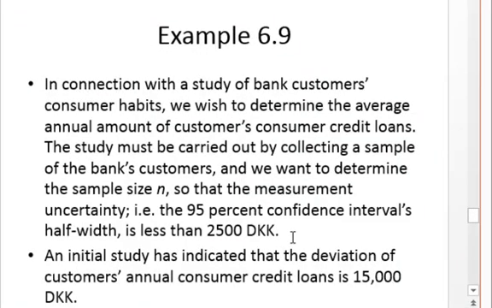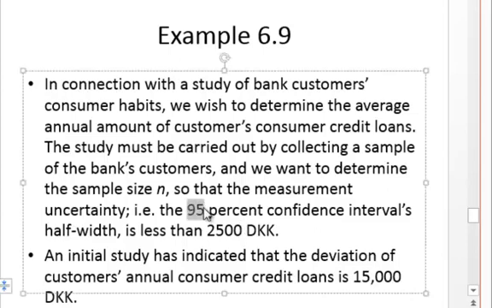Next, we need to figure out how large a sample size is needed. We have a 95% confidence interval, and we have an idea that the margin of error should be 2,500 Danish crowns, and the standard deviation is around 50,000 Danish crowns.